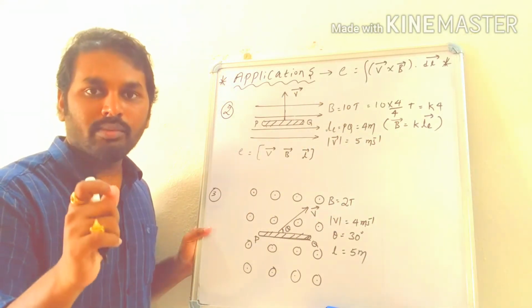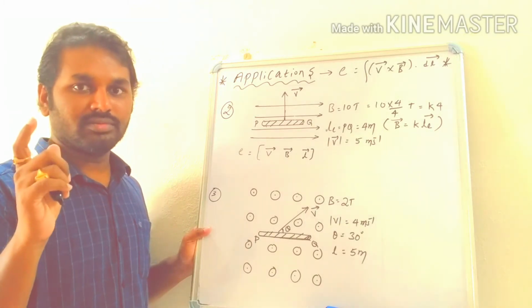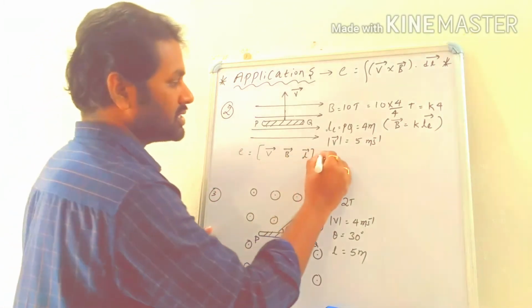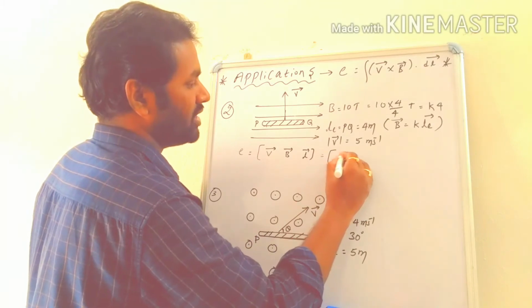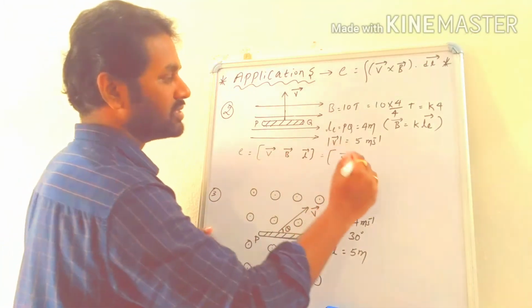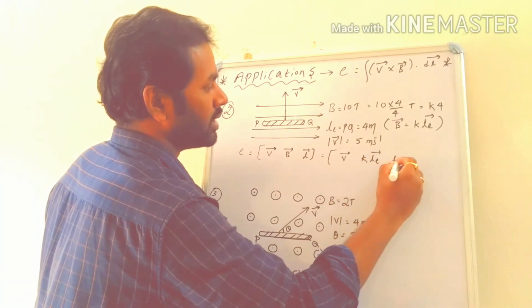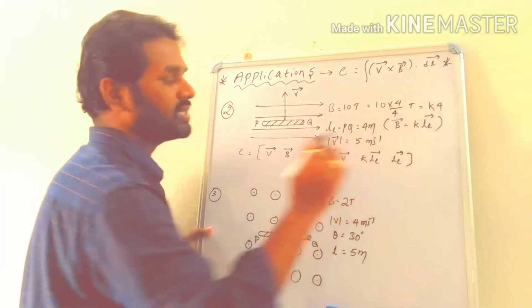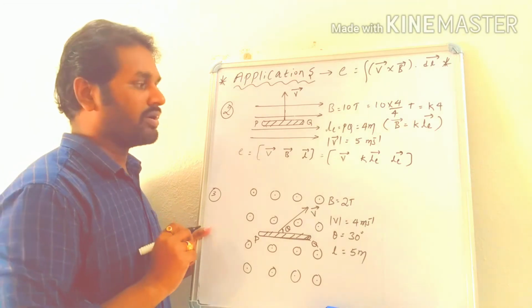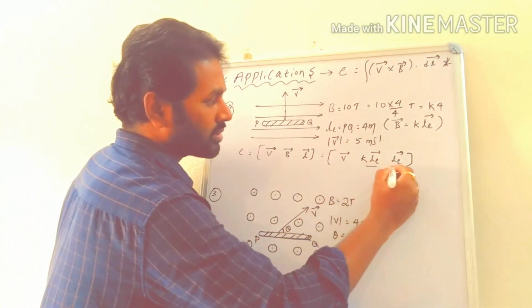So B bar and L bar are parallel to each other. So you can write it as V bar, B bar as some constant K into L bar and L bar. What is L? Effective length of the conductor. So these two vectors are parallel.